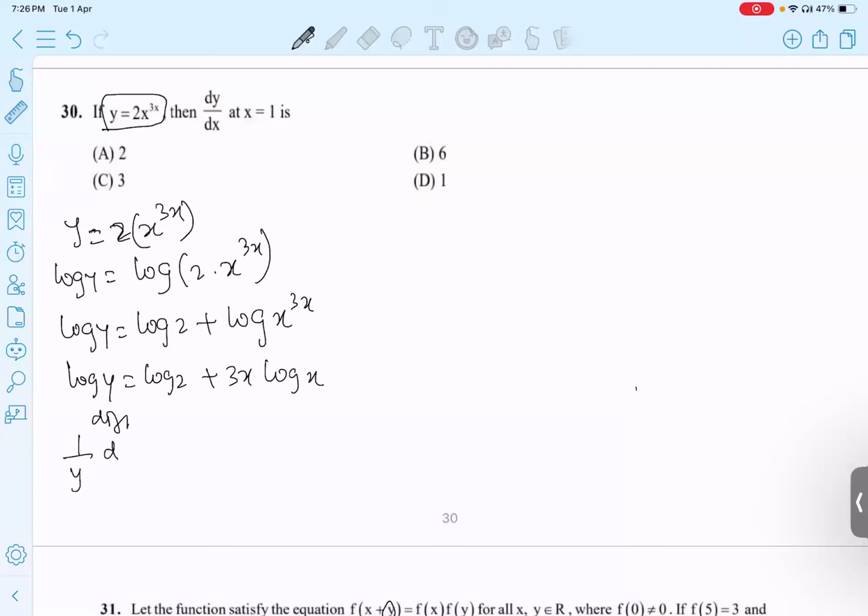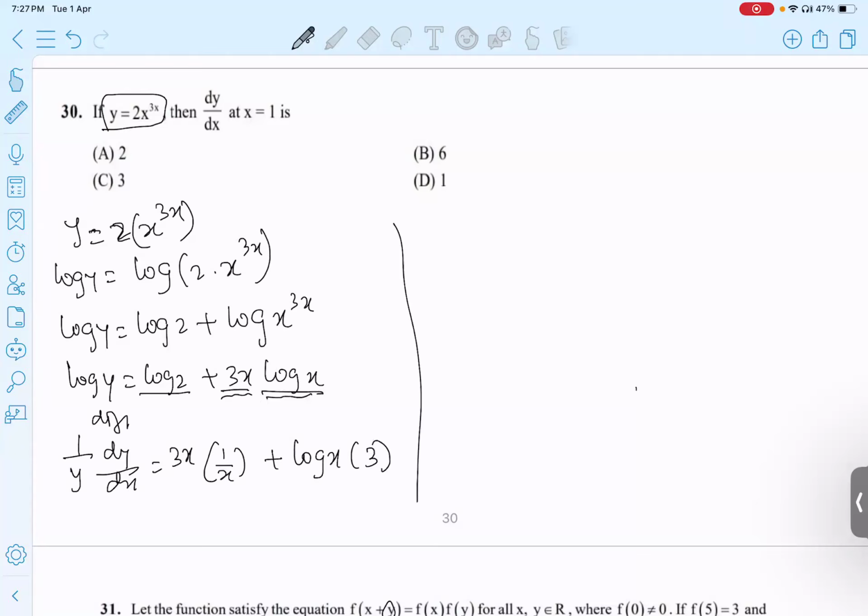Log y gives 1 by y dy by dx, and log 2 is a constant, so it becomes 0. Now let us apply the product rule for this. For 3x log x, differentiation is 1 by x into log x as it is, plus 3x differentiation is 3. Now, this dy by dx can be written as y into, x cancels, 3 plus 3 log x.